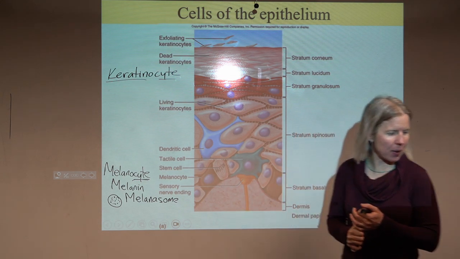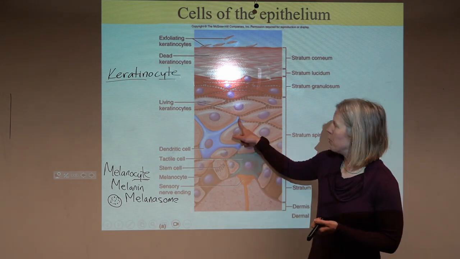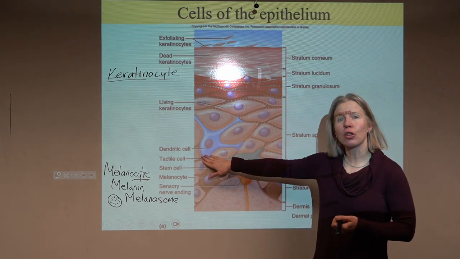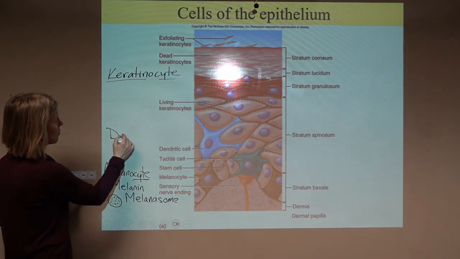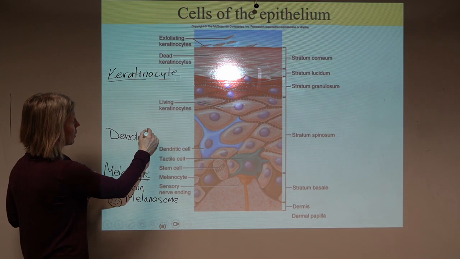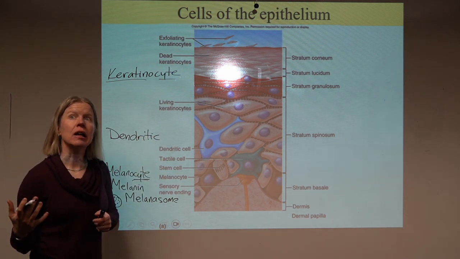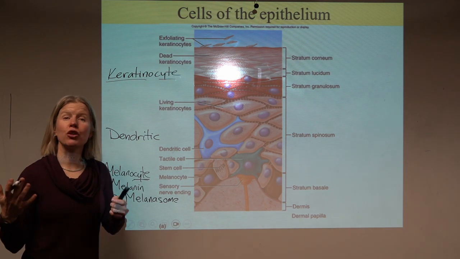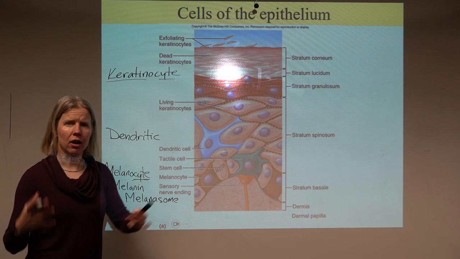Let's see, you also have this big fancy cell called a dendritic cell. This dendritic cell is actually very similar to a macrophage. It is a phagocytic cell, a big eater, right?